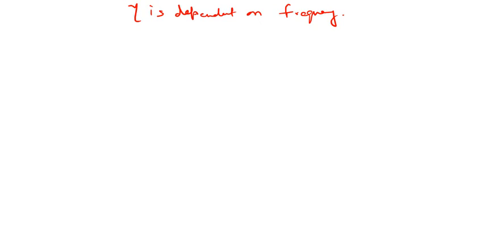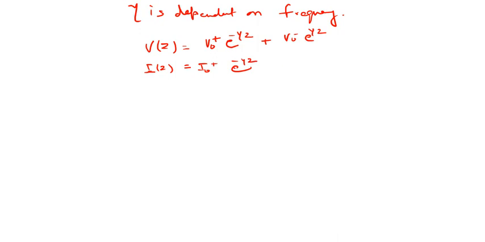So what we are going to get is V(z) is equal to V naught plus e raised to the power minus gamma z plus V naught minus e raised to the power plus gamma z, and I(z) is equal to I naught plus e raised to the power minus gamma z plus I naught minus e raised to the power plus gamma z.